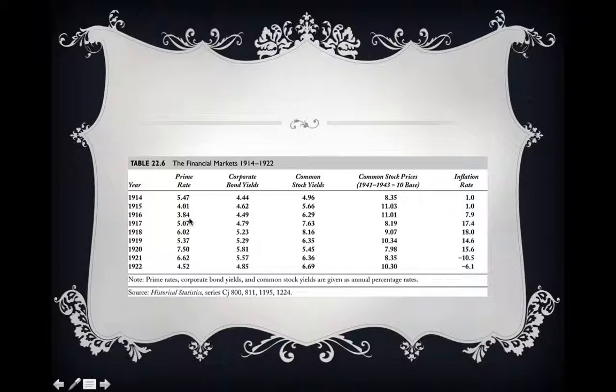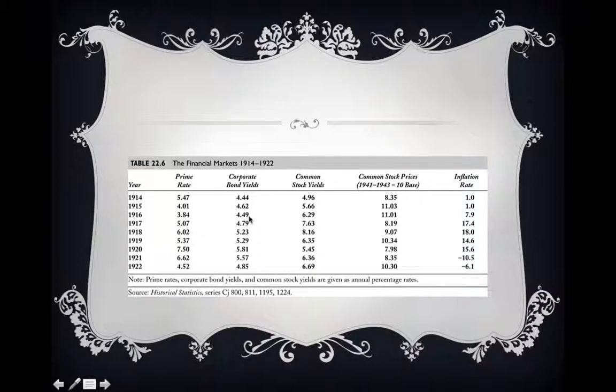So we really need to take a look at what happened to interest rates in the period of 1914, 15, and 16 to 1917, 18, and 19. You can see that from 1916 that there was an increase in interest rates. So given the fact that there was increased demand for funds from the federal government, the expectation would be that interest rates would go up.